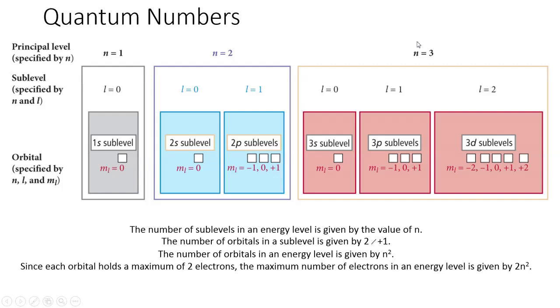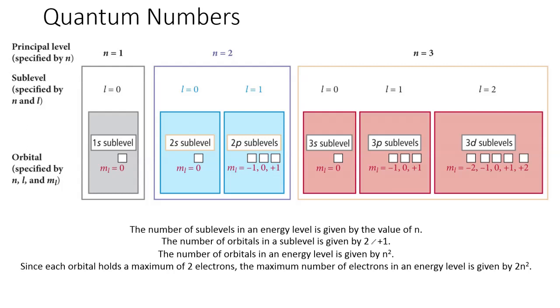We've already verified that there are 9 orbitals in the n equals 3 level, and 9 times 2 is in fact 18 electrons. You can use these facts to predict the number of electrons, sublevels, and orbitals for any value of n, L, or m sub L.